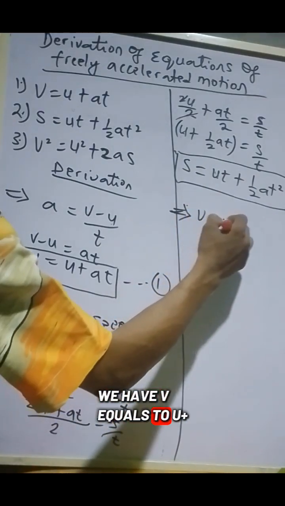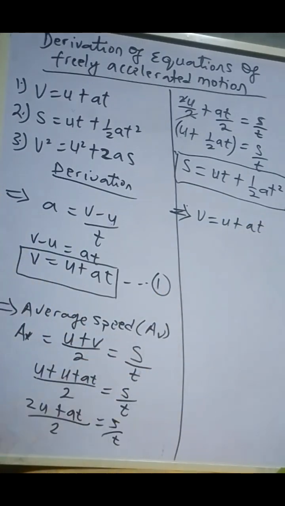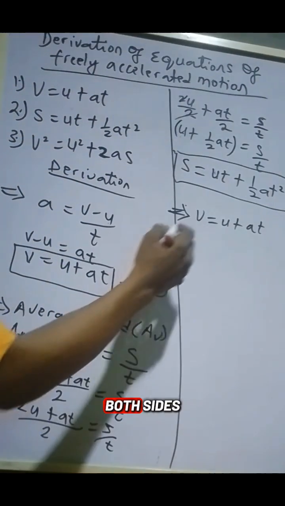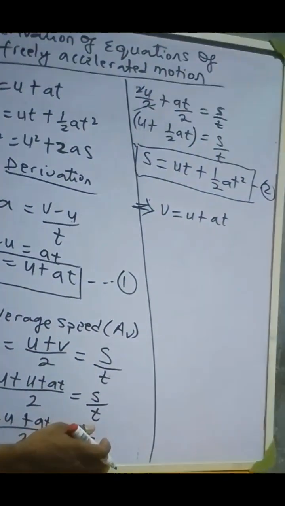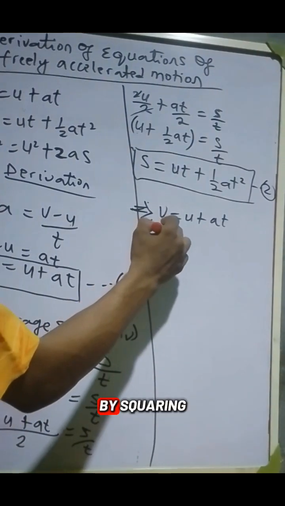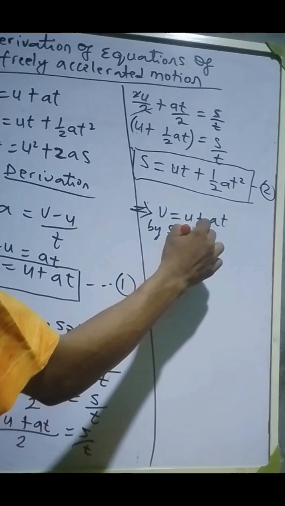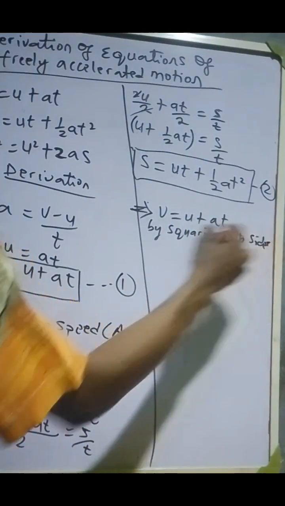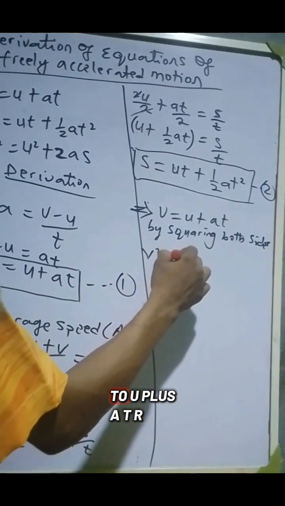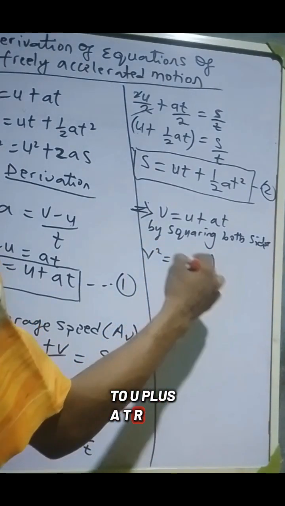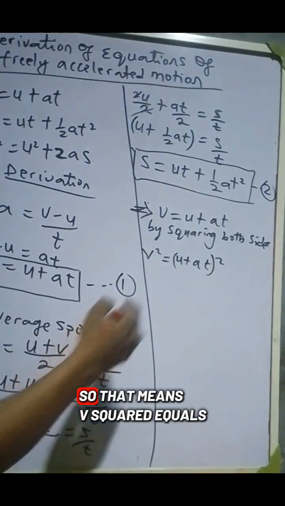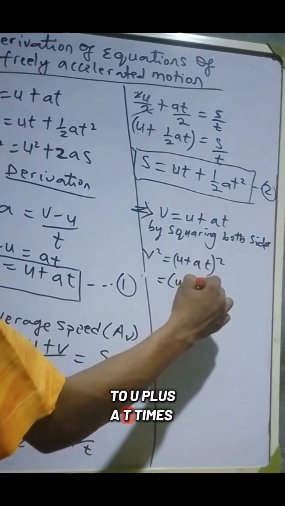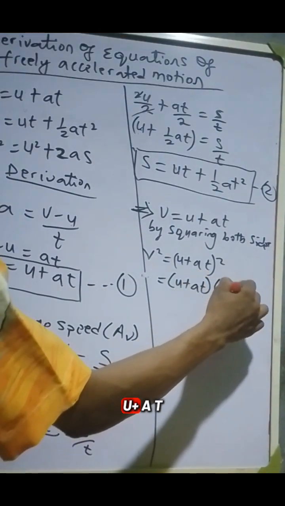We have v equals u plus at. So we are going to square both sides. We have v squared equals u plus at all squared. So that means v squared equals u plus at times u plus at.